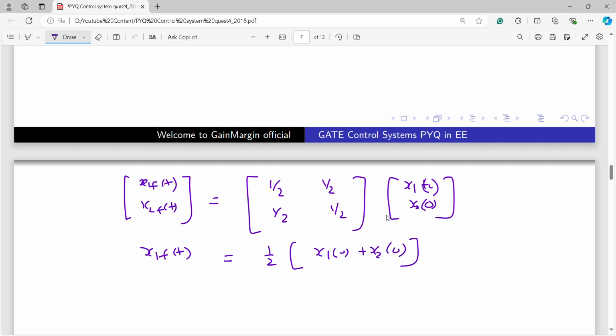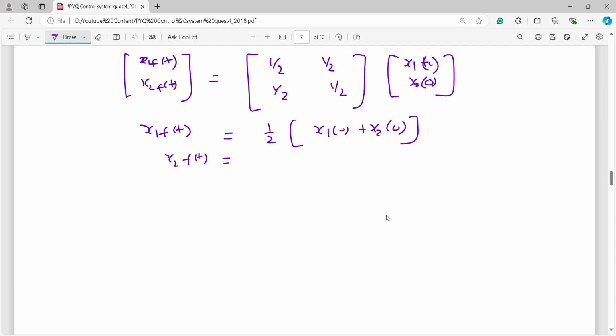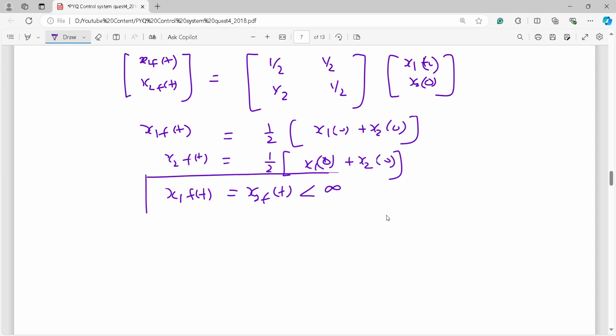Okay, similarly x2f is how much? Same thing, right? So basically x1f(t) and x2f(t) are equal, but they are less than infinity, a finite state. Some value will be there. Okay, so like that we can solve it.